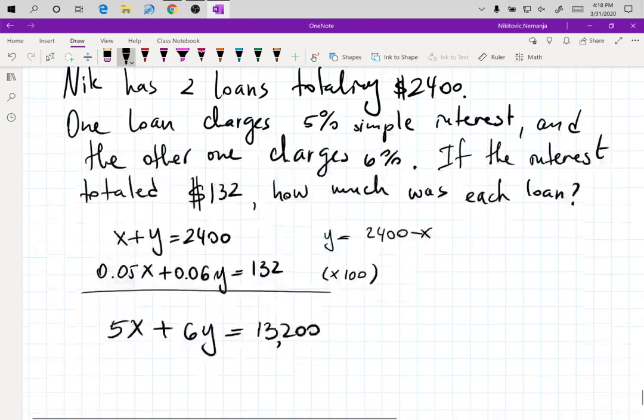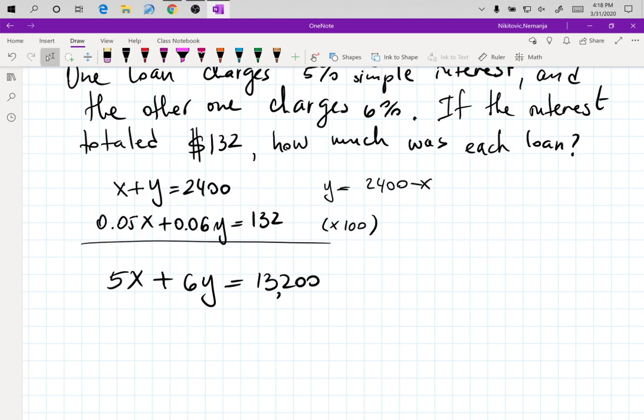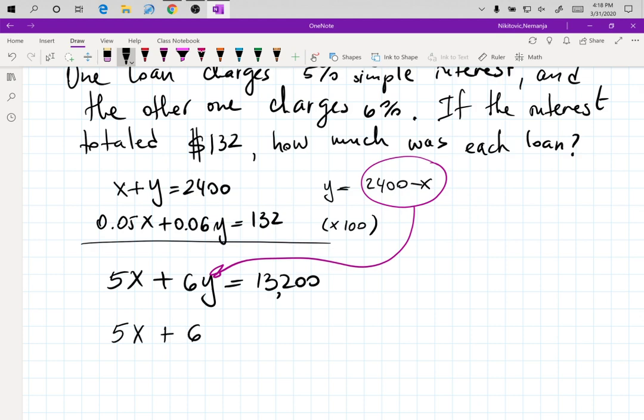And now let's plug in. So the purple goes where Y is, and we have 5X plus 6 times, and instead of Y we have 2400 minus X, there we go, equals 13,200.